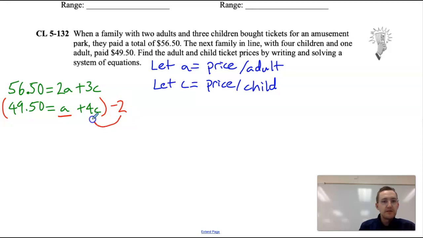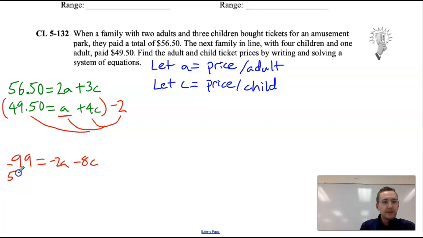So we got to take negative 2, distribute it to every single term on the bottom equation. And when we do that, we get negative 99 is equal to minus 2A minus 8C. And again, that green equation on the top still stays exactly the same, but I'm going to write that underneath now.